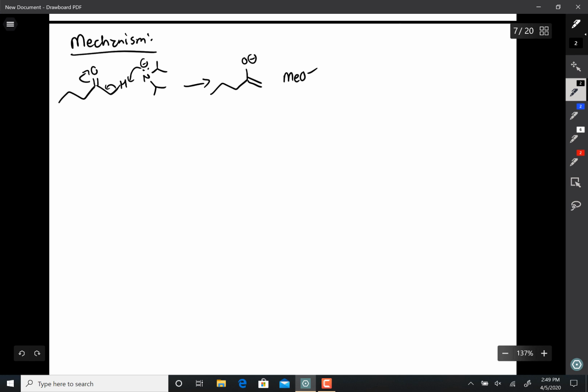And then once you have your enolate, you add in your ester. The ester swings, these electrons go up. This is just like the Aldol reaction.